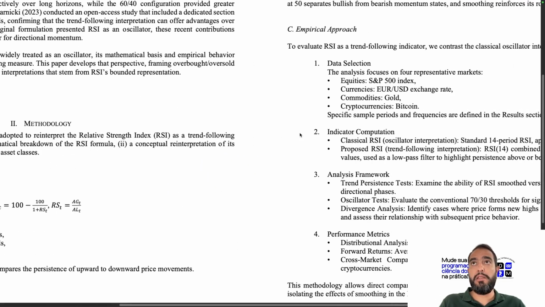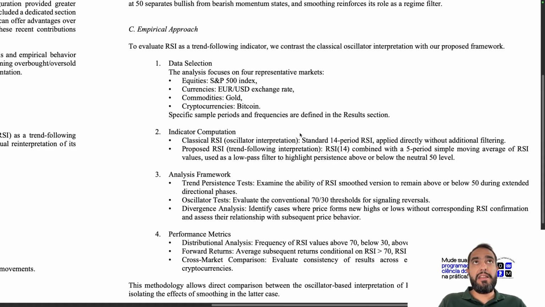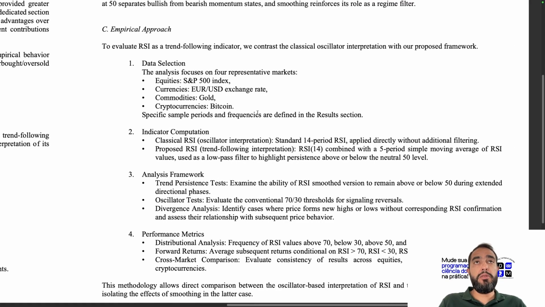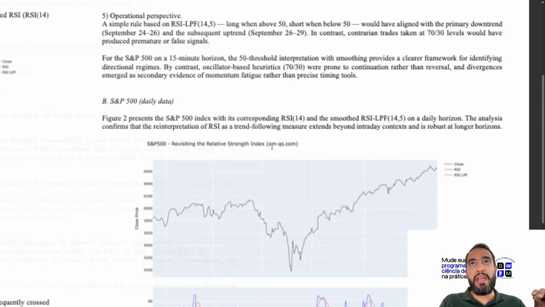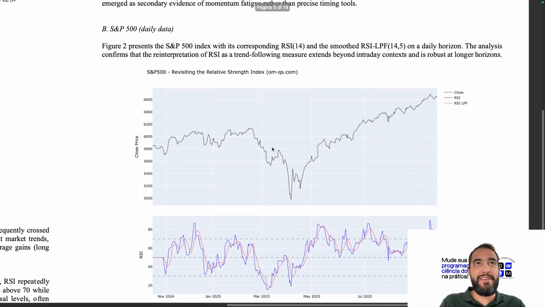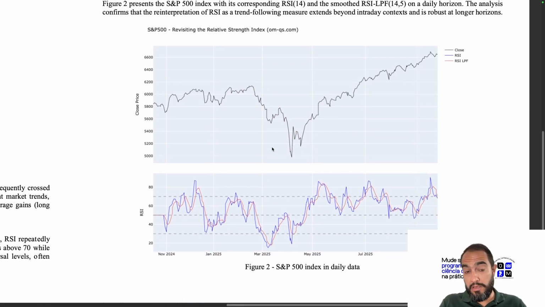Then in the empirical approach, we do several tests with different time frames, with different securities from the S&P 500, some forex like the Euro USD, gold, Bitcoin, and in each one of them, regardless of the time frame, we have precisely the very same result.